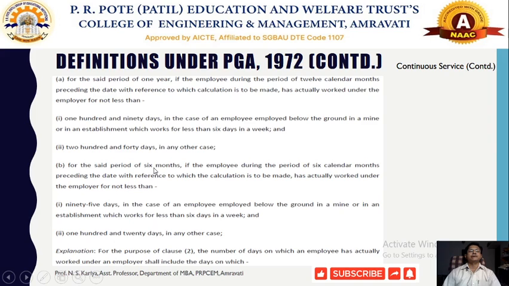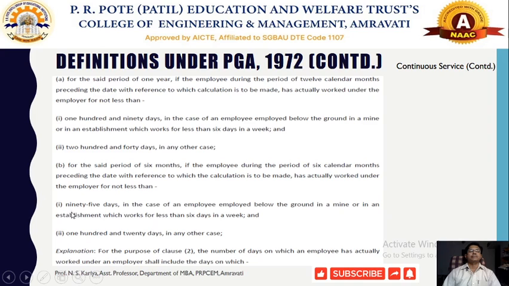Wherever there is a 6 month period, the employee should have a minimum of 95 days in case of an employee employed below the ground in a mine or in any other establishment. So in case of specifically mines and other industry, there is a different criteria, 120 days, wherever the nature of working would be for, say, a minimum of 6 months.